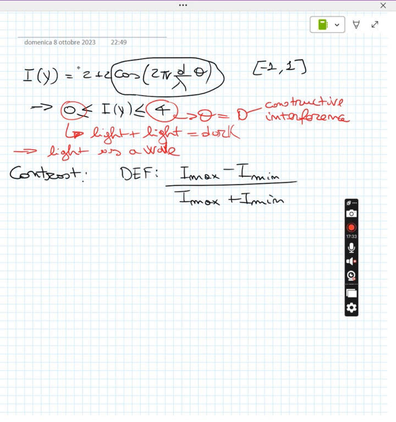As you can see, the maximum value for the contrast will be 1. Okay, so max contrast equals 1. Okay, now we will move to photons, so we will not consider waves anymore, but photons, and we will see what changes.